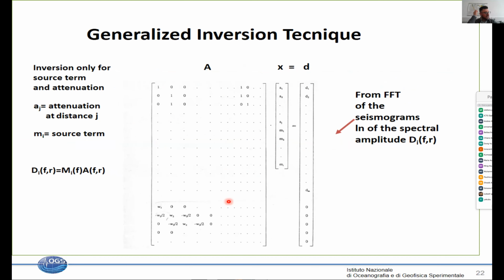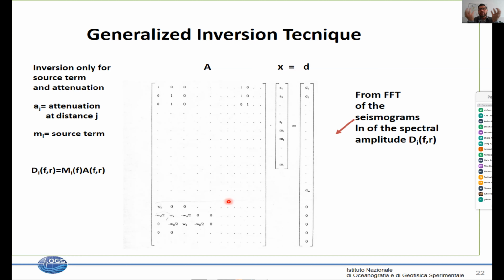Okay, till now we saw the simple case, but now imagine that we have a sparse network, and for each earthquake the stations are far away. My nearest rock station is at 30, 40 kilometers at least. But still I want to calculate the site response for one station of a network. Of course, in this case, the assumption that the path is the same, and that the source is seen in the same way by all the distributed stations, is not valid anymore.